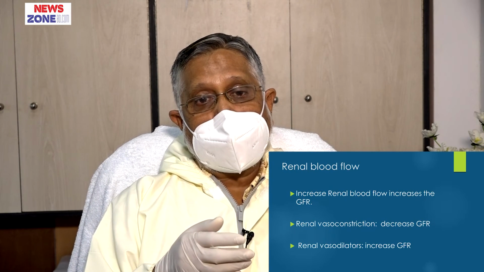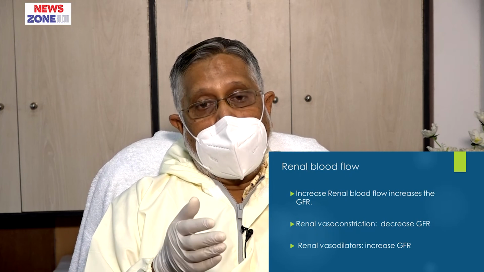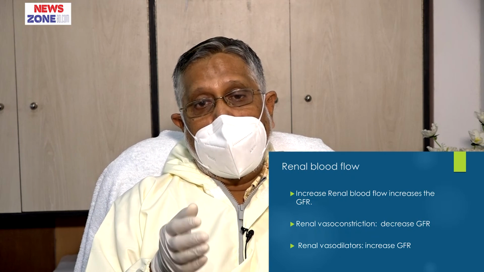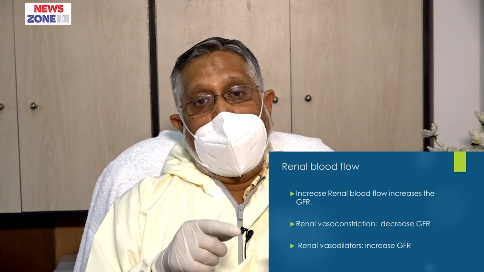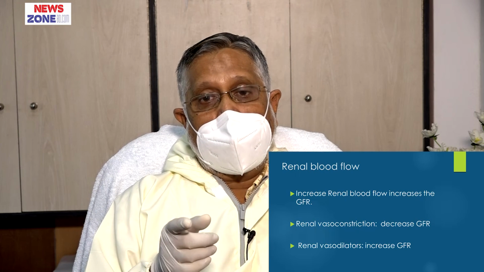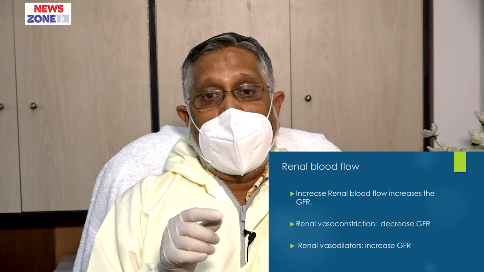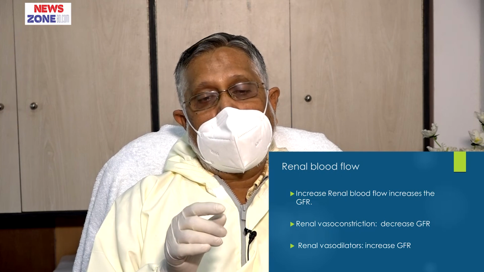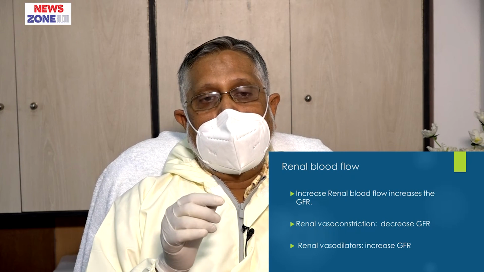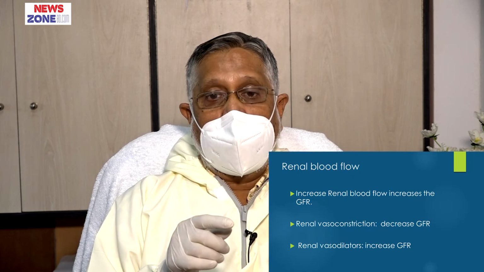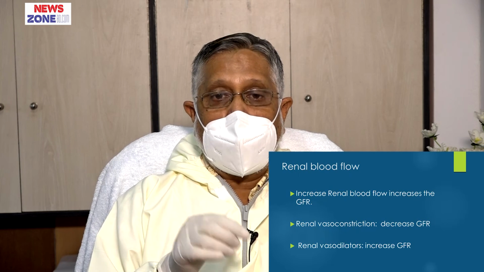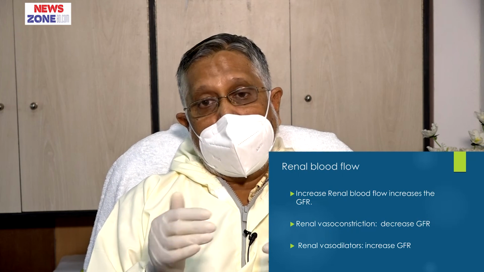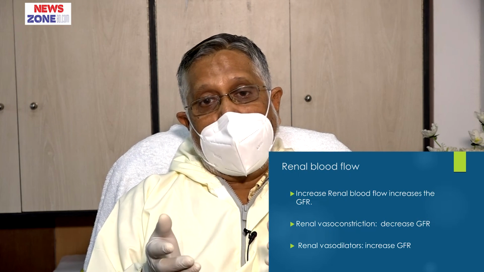Next are the hormones or autacoids, which decrease the GFR; the hormones are epinephrine and norepinephrine. And there are also endothelial derived nitric oxide and prostaglandin, which decrease the GFR.